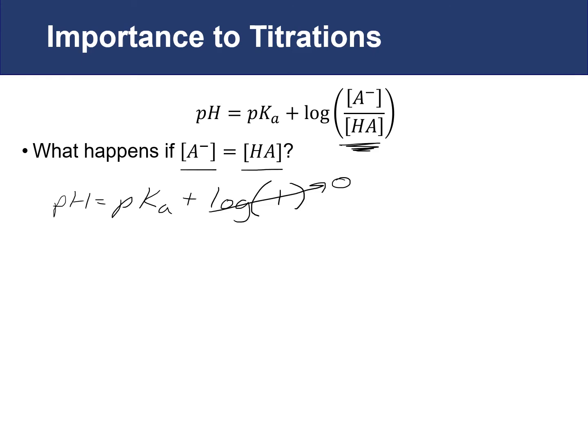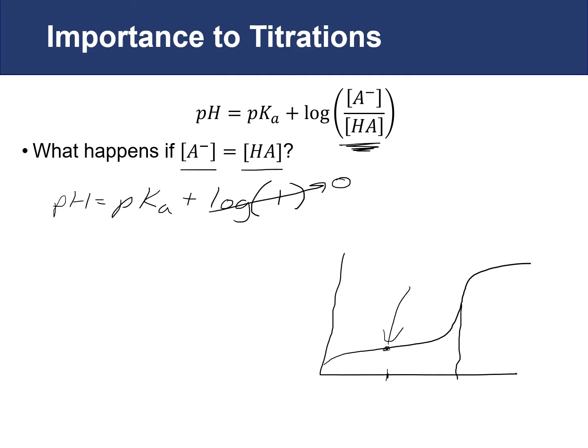So when the concentrations of the conjugate base and the acid are equal, those concentrations cancel each other out in the ratio, giving you pH equal to pKa. On our titration curve, the equivalence point is here, and the half equivalence point occurs right here. At this location, the concentration of your base form is equal to the concentration of your acidic form, because the equivalence point is when all of your acid has been converted into base, so halfway to that point, half of it has been converted.